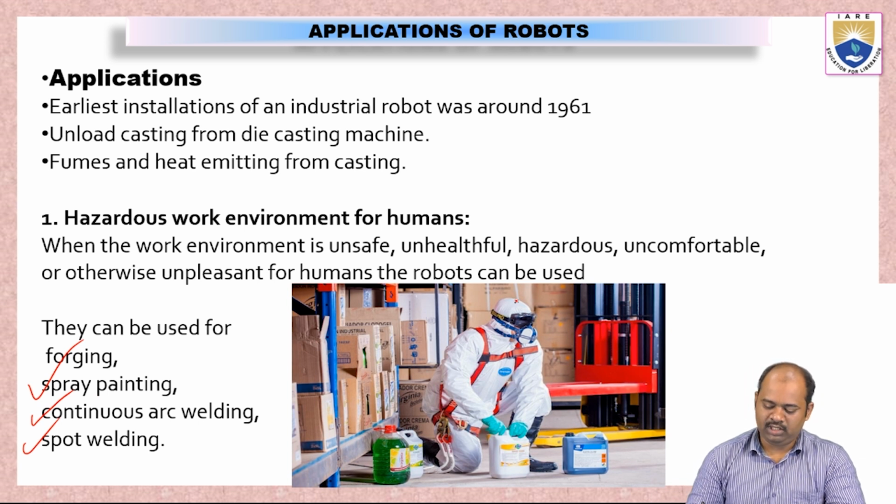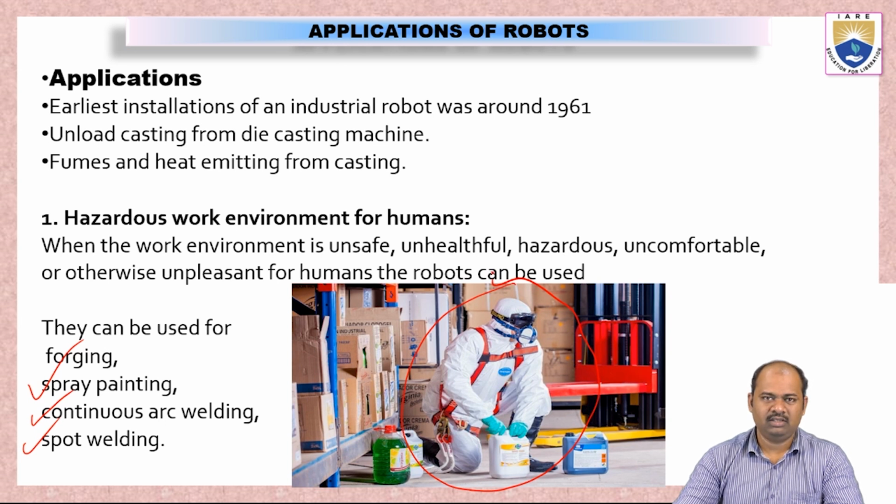You can see in this picture, there is a man who is working in the environment of a lot of chemicals. In this place, it is very dangerous for human beings when some of the chemical, maybe it is an acid, falls on his skin or the fumes coming out of this chemical are inhaled, they could be very dangerous for human lungs.